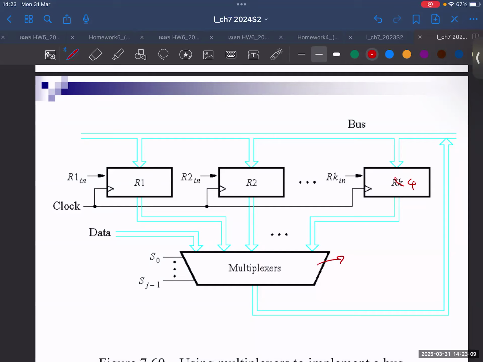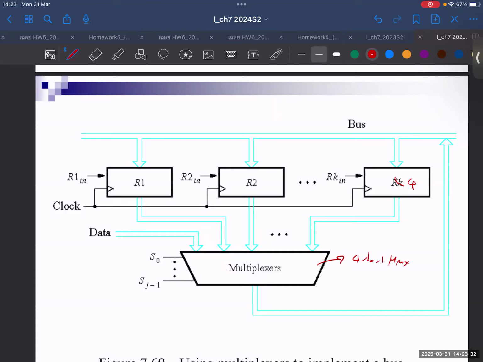There are two numbers here. One is the width of the data part, right? And the other is the number of groups that you want to swap. So how many groups? Four groups. So you actually need a 4 to 1 mux.